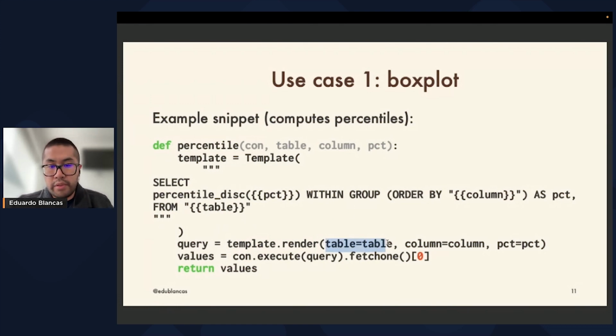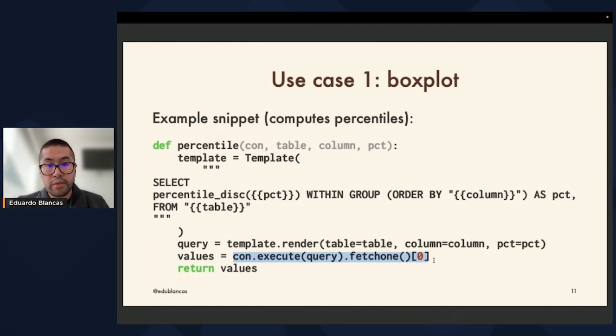I pass the table or the path to the CSV file, the column, and the percentile. So once I run this line, I have a SQL query that I can run on DuckDB. That's what I do here. And this is where the magic happens, because DuckDB is taking care of loading that data, computing that percentile, returning me the result, and that's it.